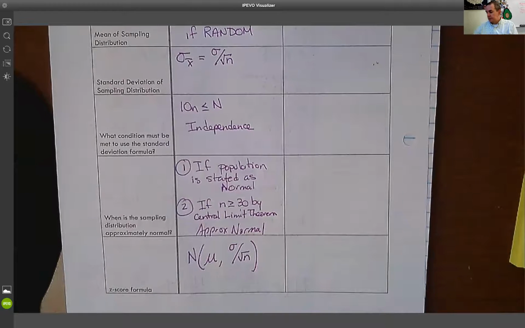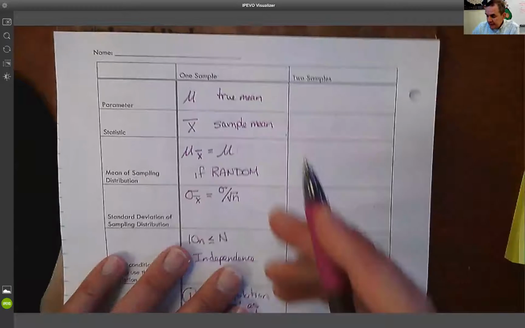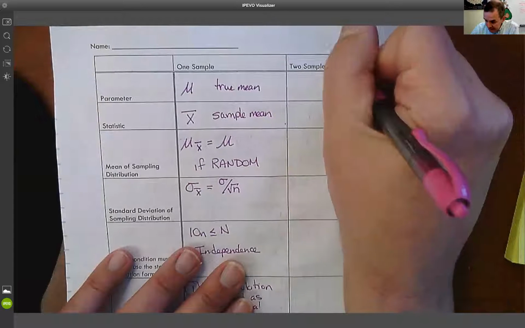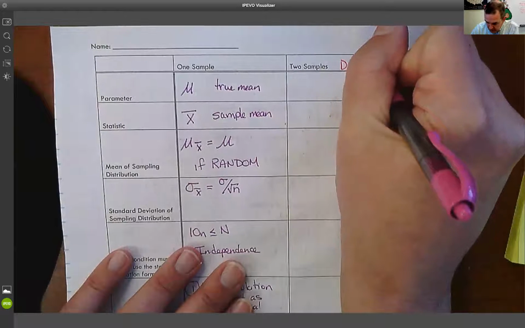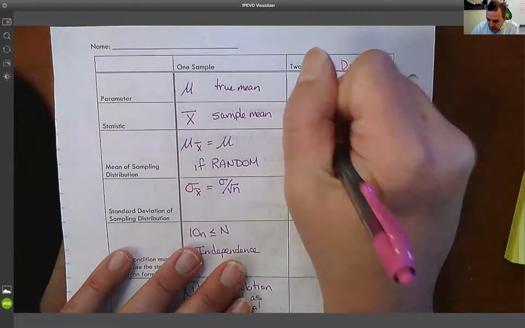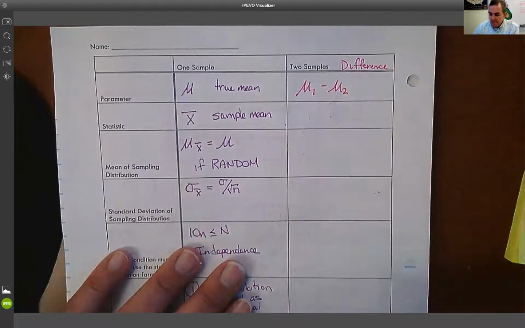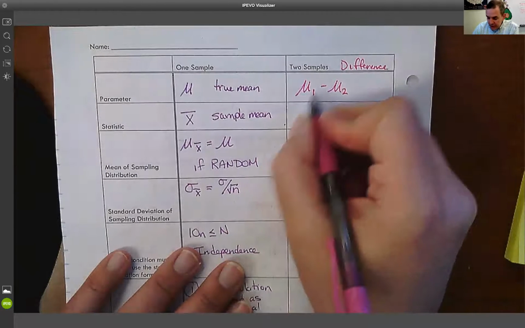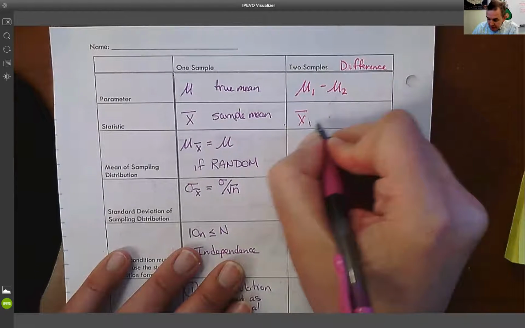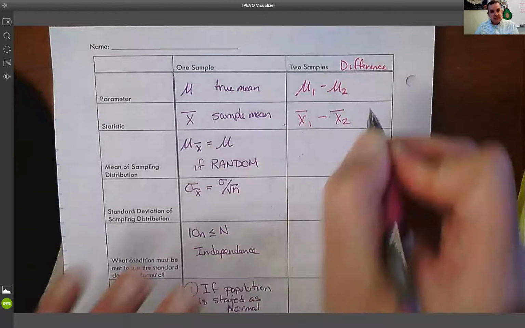So now let's do a 2 sample. 2 sample is going to be 2 samples, and it's going to be, again, a difference. It's always going to be a difference that we're dealing with. So it's going to be mu1 minus mu2. We're not going to know that, so we're going to look at the difference between X bar 1 and X bar 2, the samples.